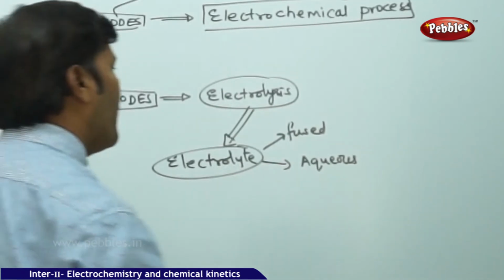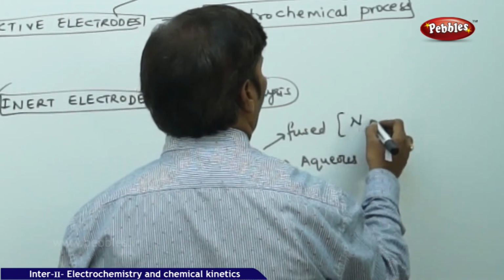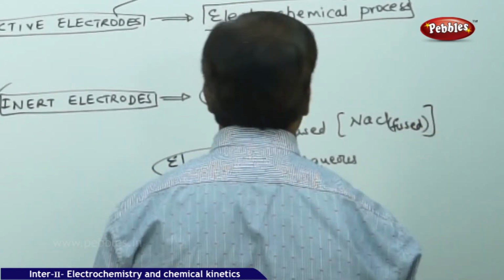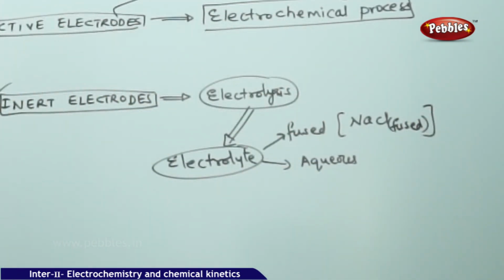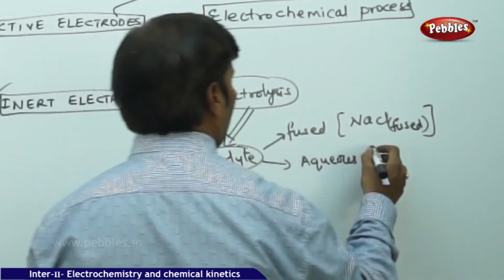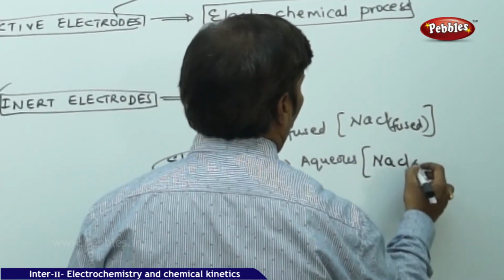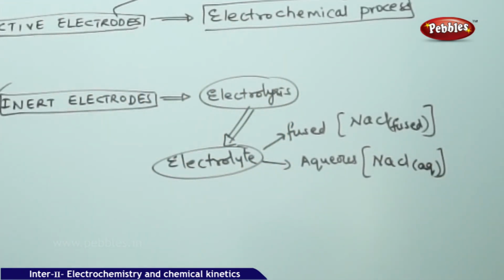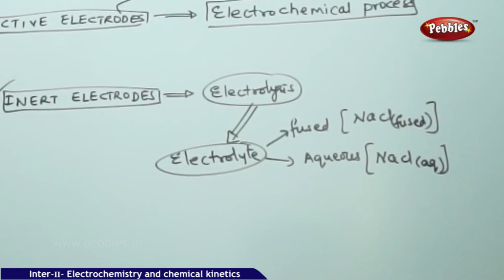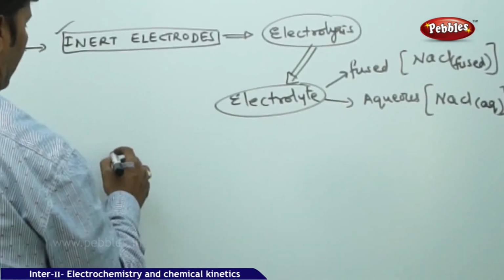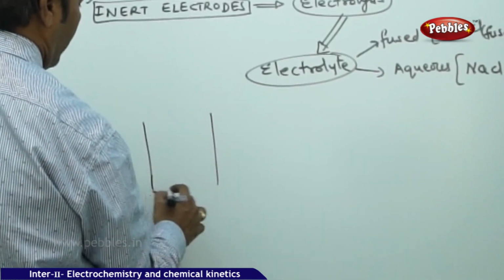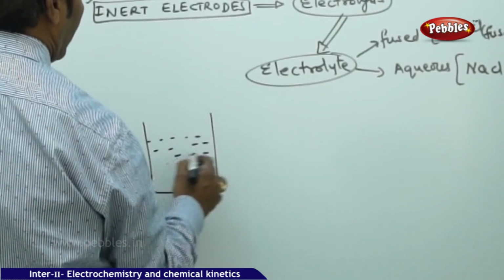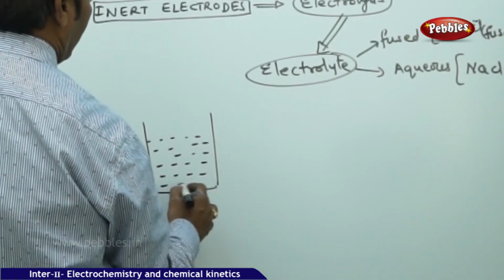For example, if you take fused NaCl, you have anode and cathode both as platinum electrodes, and with aqueous NaCl also, the electrodes are again platinum electrodes acting as anode and cathode. Say, for example, you are carrying out the process of NaCl using an electrolytic cell. Aqueous NaCl is the brine solution.